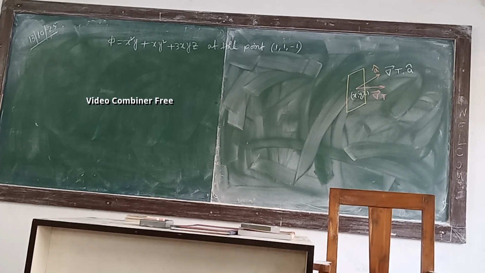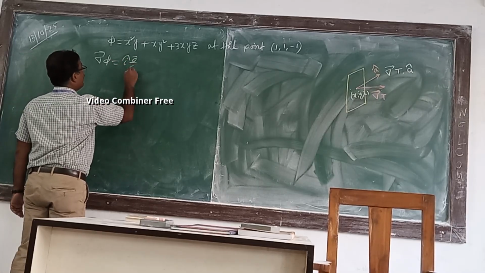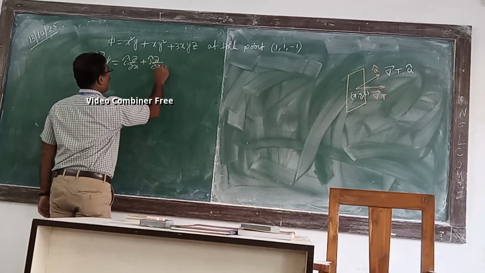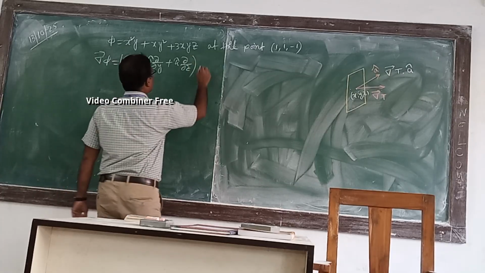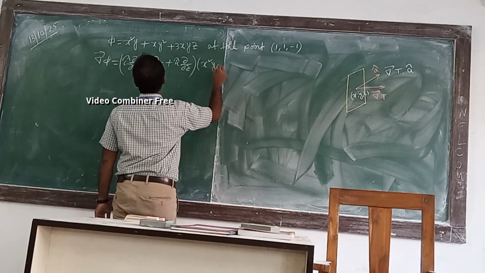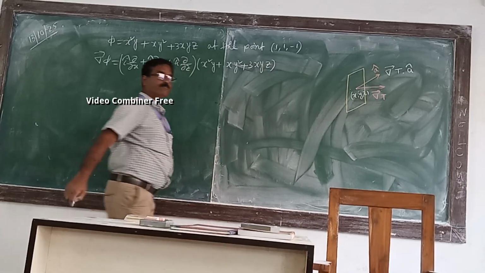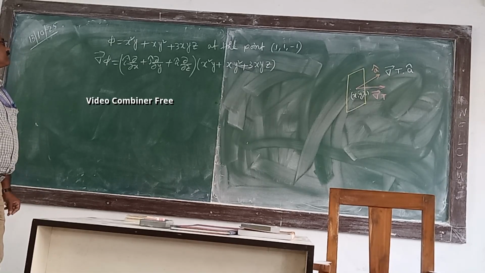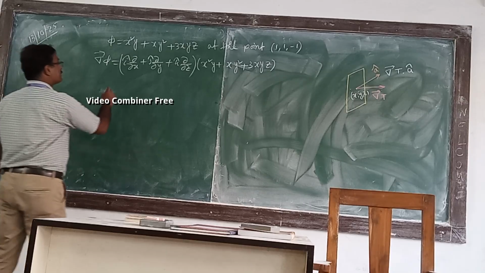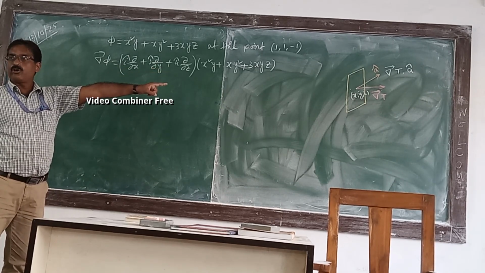So grad phi equals i cap del x plus j cap del y plus k cap del z, applied to phi, which is x square y plus x y square plus 3xyz.